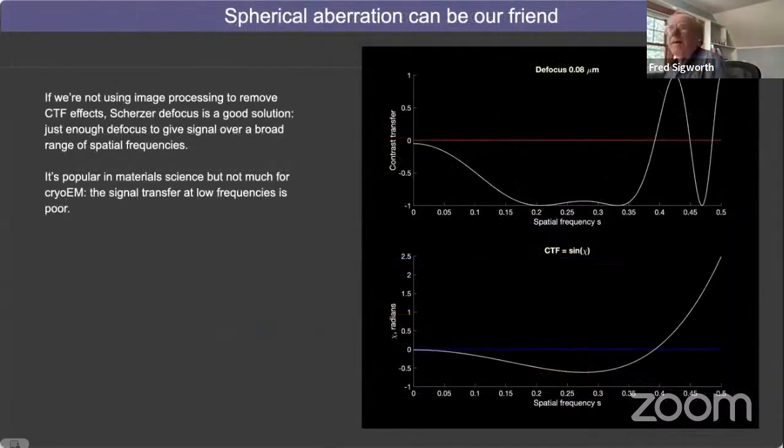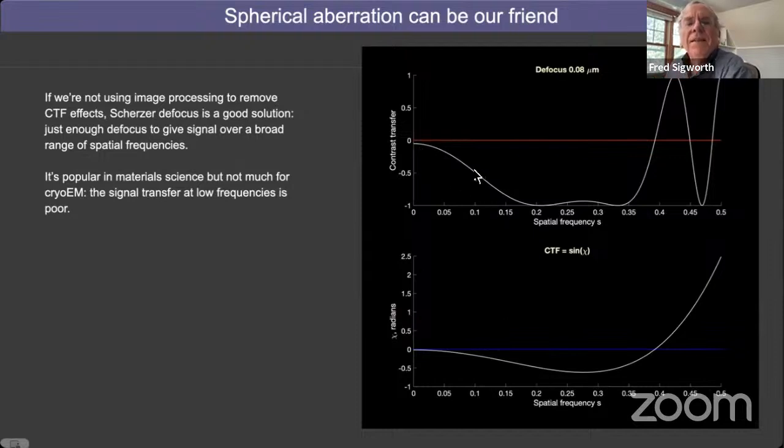Now, the people who do material science, at least in the old days, they didn't like to do computer processing of their images. But what they would do is defocus the microscope just a little bit, just enough so that you had a nice spatial frequency range where the contrast was uniformly negative. They do that by making the chi function kind of flat.